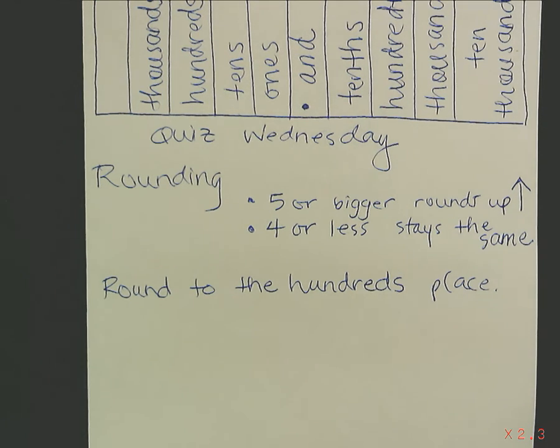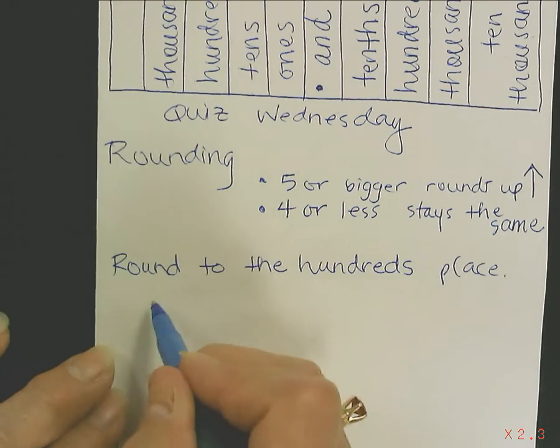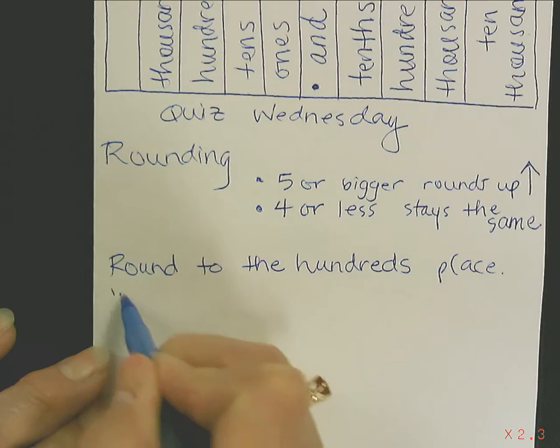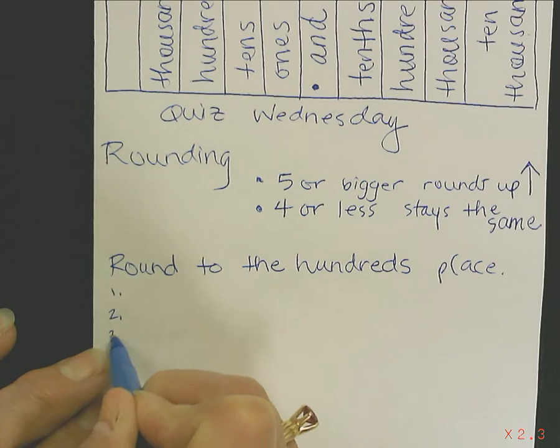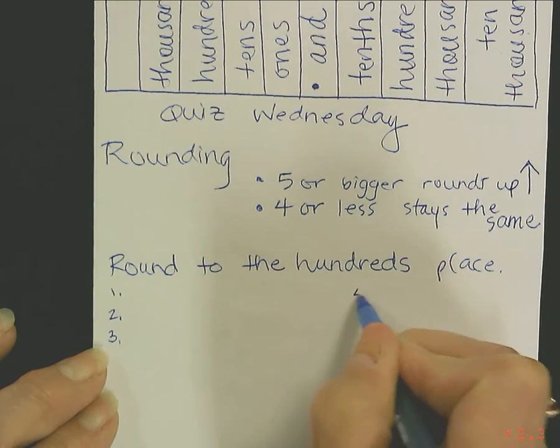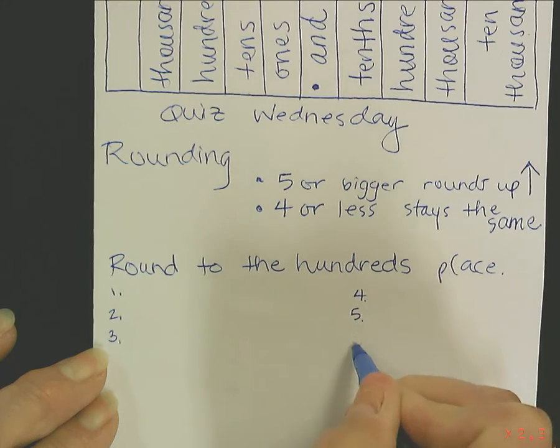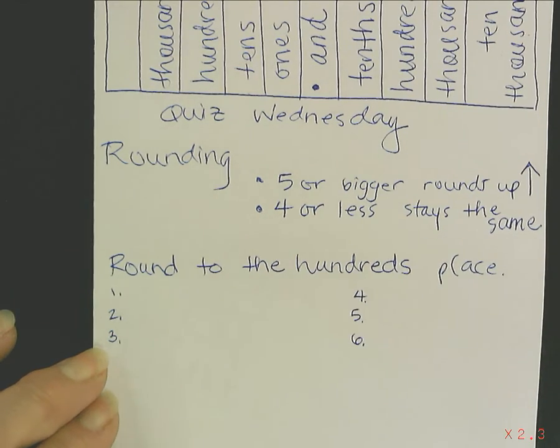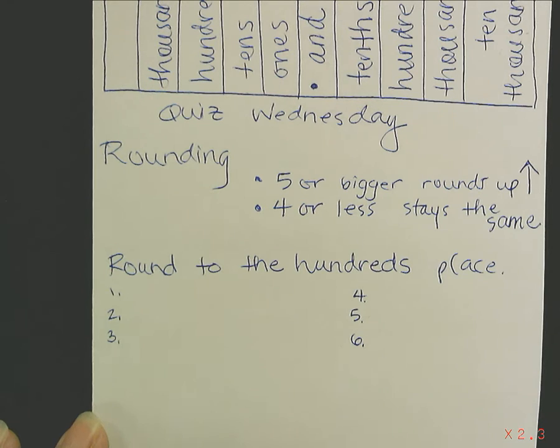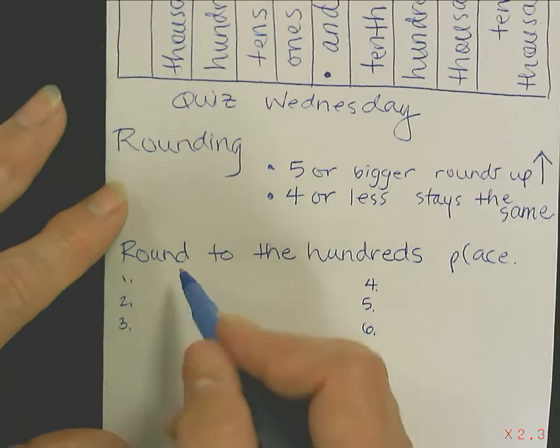We're going to start with some rounding before the decimal and then continue with some rounding that'll take you after the decimal. And I'm going to do 3 with you. And then I'm going to get you to do 3 on your own as practice. So the instructions are round to the hundreds place.